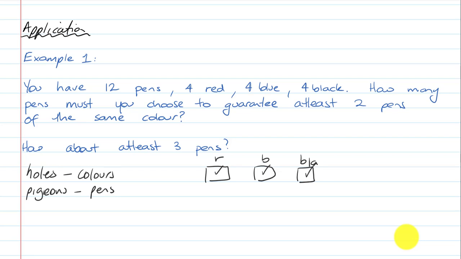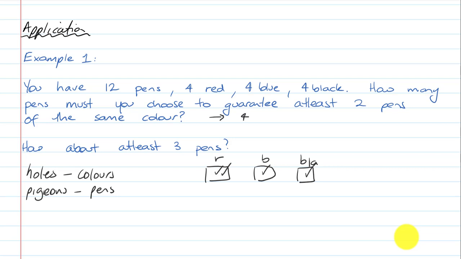In fact, sometimes it's a good idea to think about the minimal application. What's the maximum number of pens that you could pick and still not have 2 pens of the same colour? If you chose 3 pens, there is a chance you still might not have 2 pens of the same colour. But the 4th pen will guarantee that you've got at least 2 pens of one colour. So the pigeonhole principle here gives us an answer of 4.